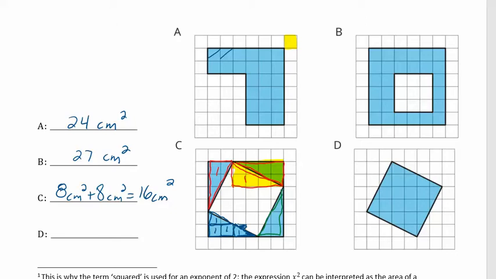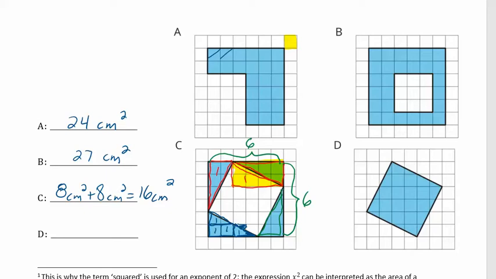All right, let's look at D. There's multiple ways to do D as well, but one thing I noticed right out of the gate is that C and D are related. D is really the white part, the inside part of C, right? If I look at the outside border of C, it is 6 units long. From here to here is 6, and from here to here is 6.